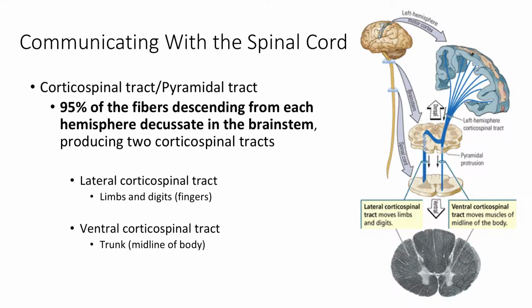or what we also say the trunk. So each hemisphere's motor cortex controls the limbs of the opposite side of the body and the trunk on the same side of the body. So keep that in mind. Each hemisphere's motor cortex controls the limbs and fingers on the opposite side, but the trunk and the midline on the same side.